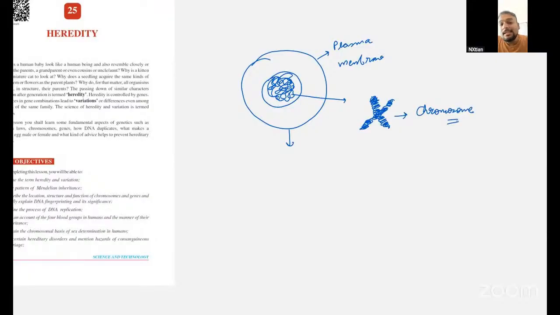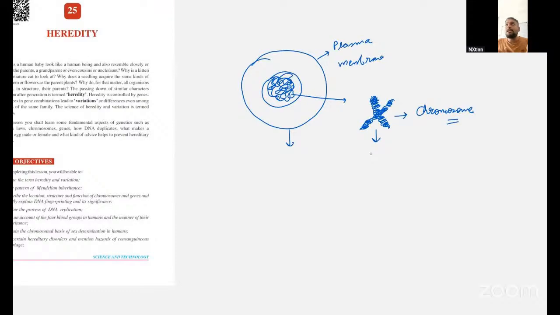Now, if we go more deep in this, we have some bases: adenine, thymine, uracil, guanine. DNA is made up of these bases.